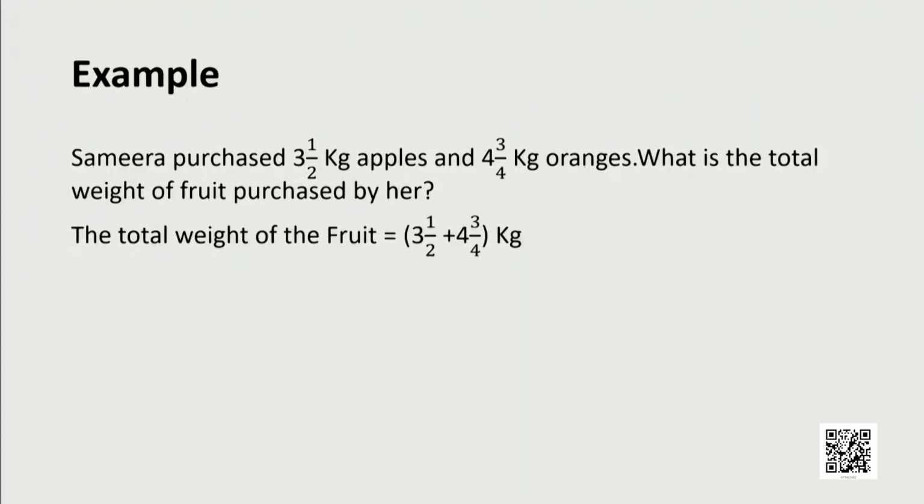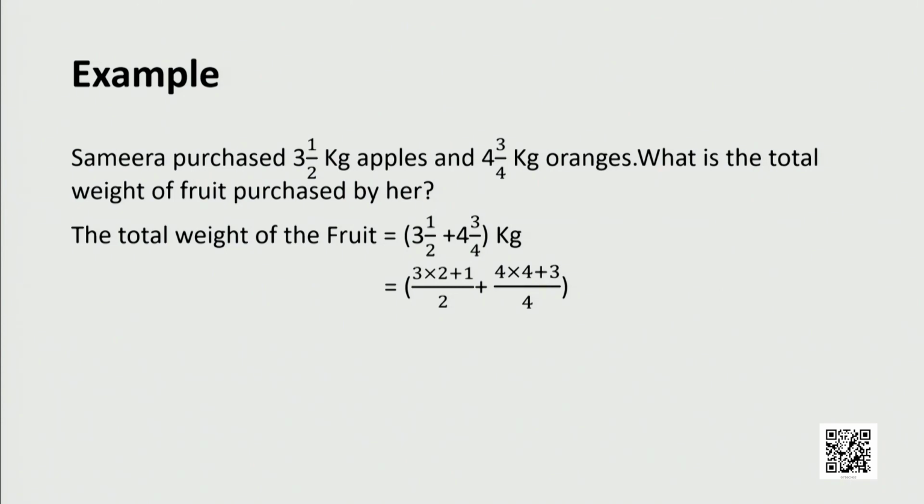So the total weight of the fruit is 3.5 plus 4.75. Okay, let us simplify it. How are we going to simplify it? Students, you know how to convert a mixed fraction to an improper fraction. So the same thing we are going to do over here. To convert a mixed fraction to an improper fraction, this is the process.